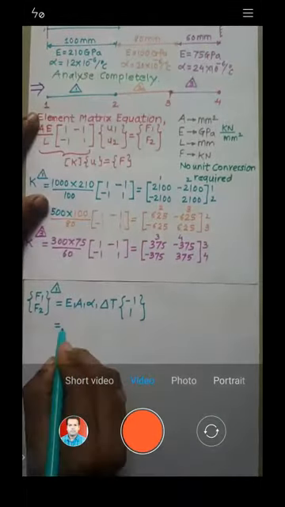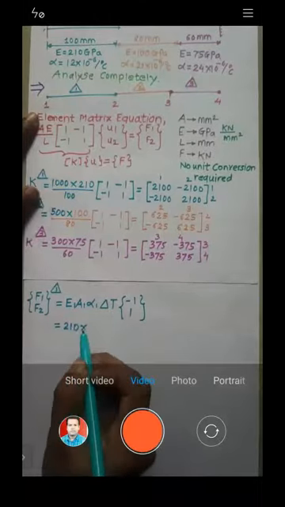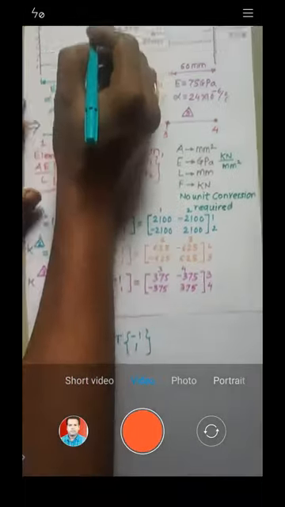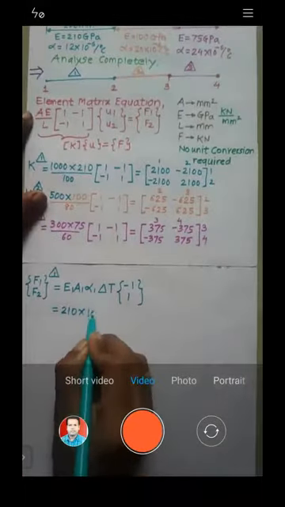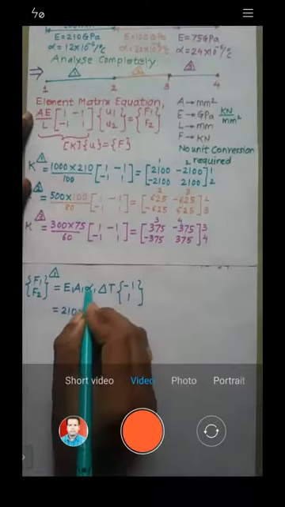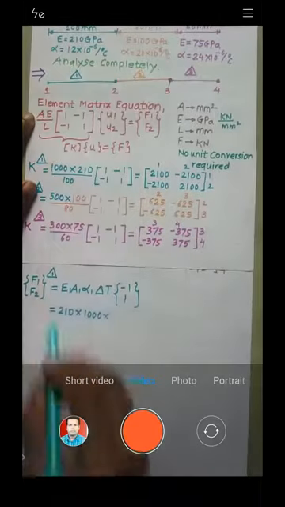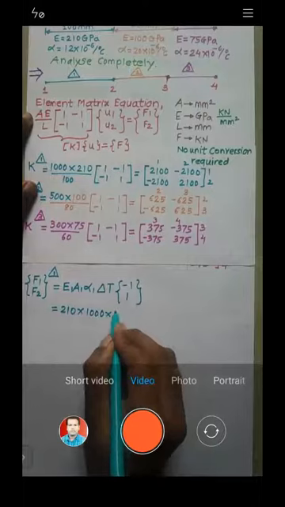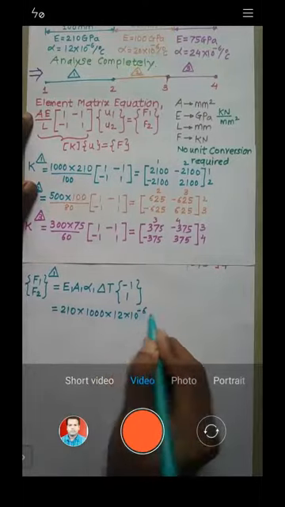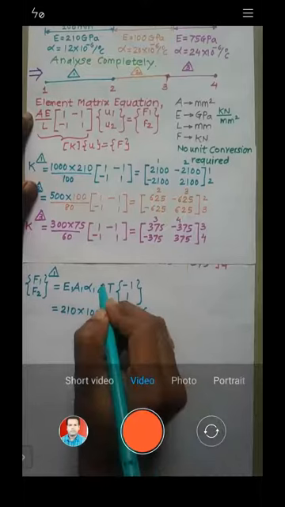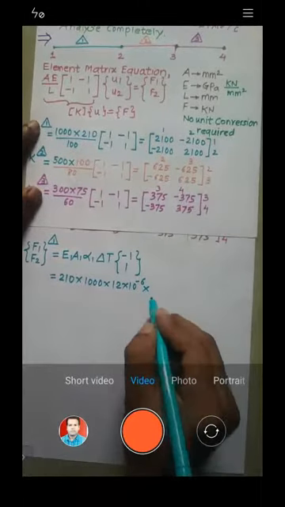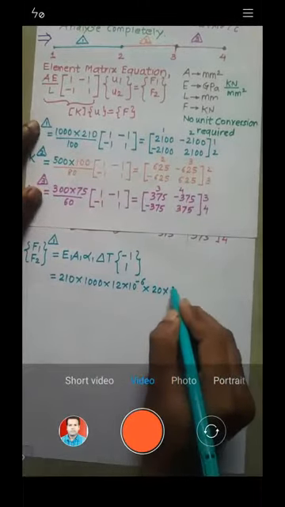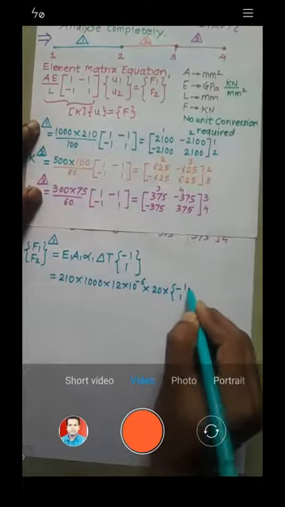It is 210, right? This is 210 into area of element number 1, which is 1000, into alpha of element number 1, 12 into 10 raised to power -6, into delta T. As we have a 20 degrees Celsius rise in temperature, I'll write down 20, into [-1, 1].